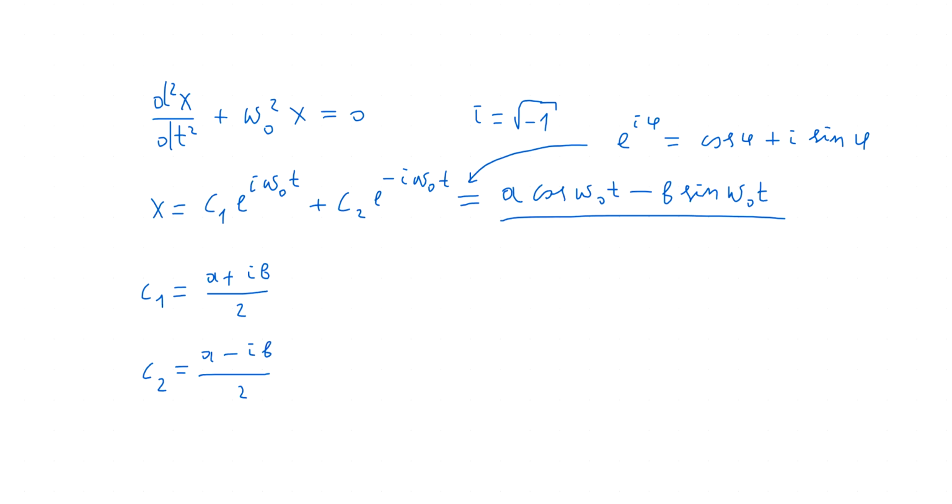Because here we can see that it contains complex numbers, I that is equal to square root of -1, and here we have two constants that are also complex numbers, but A and B are real numbers.